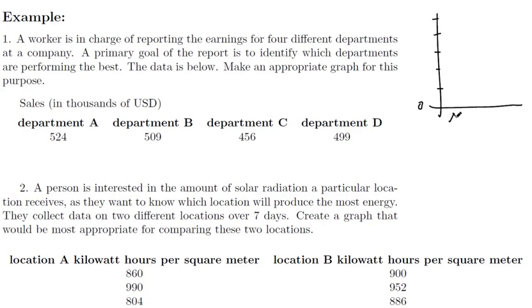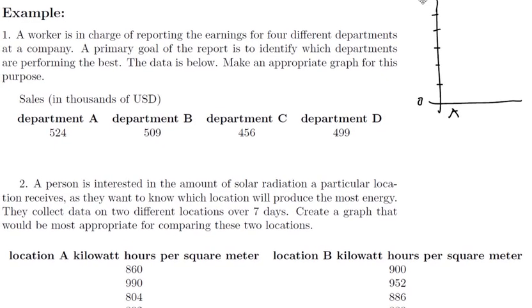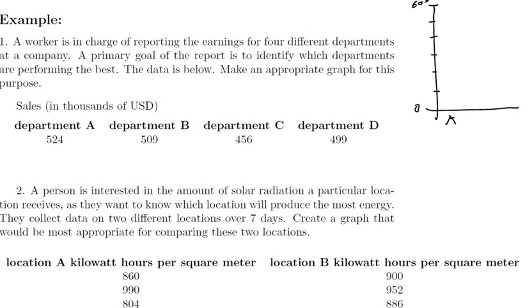So Department A is about halfway between 500 and 600. So here's the halfway point, 550. So Department A should be somewhere right around here. I'll put that marker so I know how big to make the size of my bin.